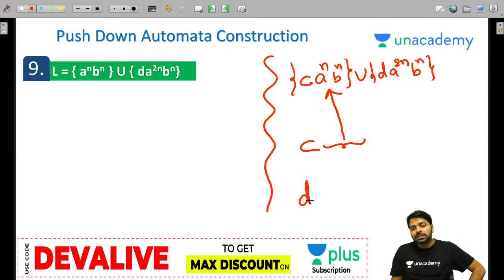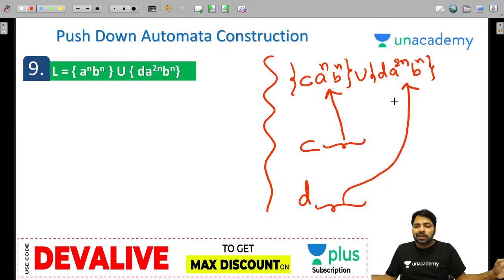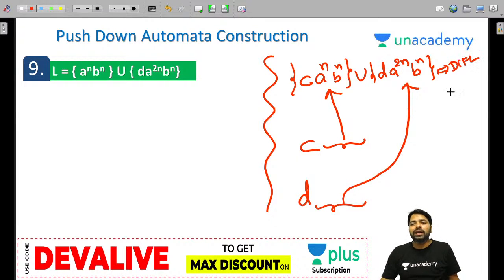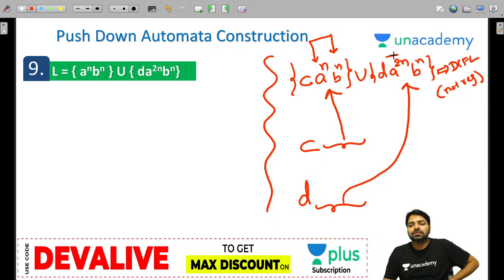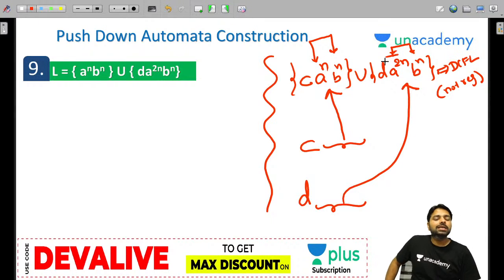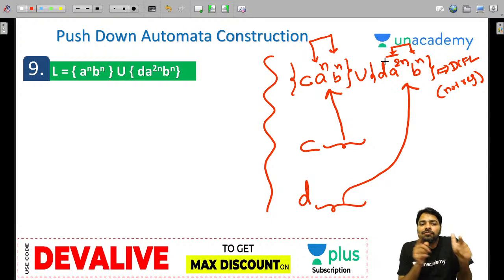If the first symbol is d, the next logic depends on this one only. You are so clear. So it was a DCFL. It is not regular only, because there is a dependency there. You have a dependency, right? Yeah. It is DCFL.